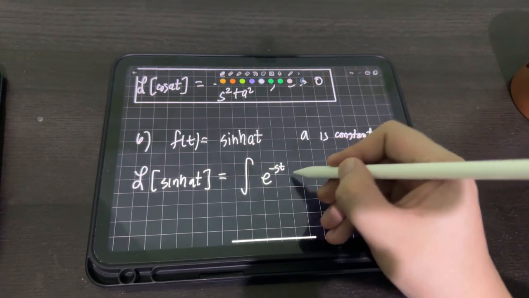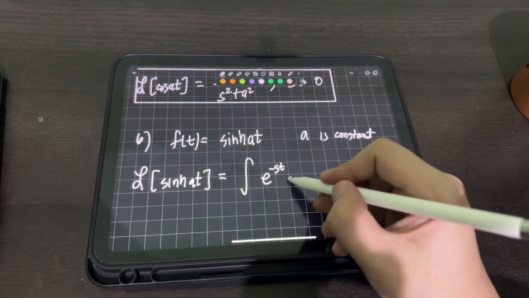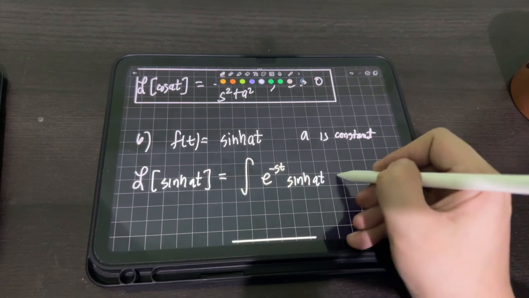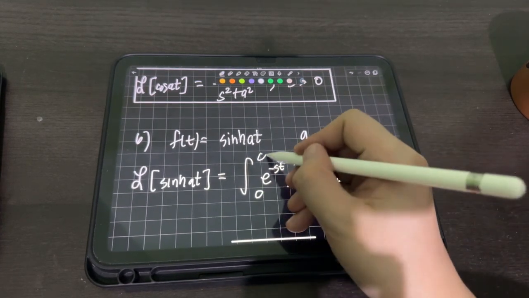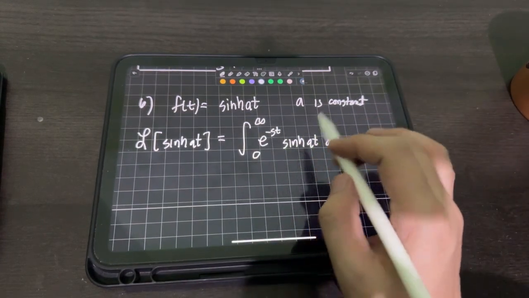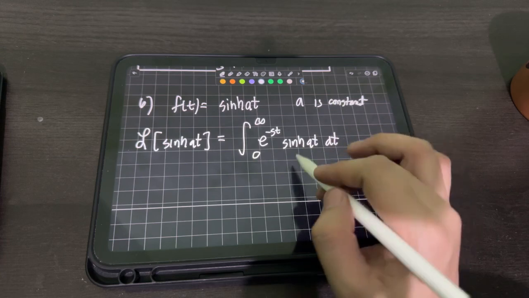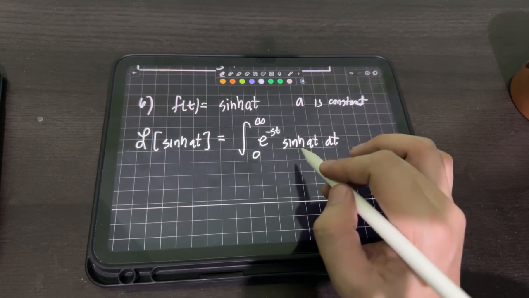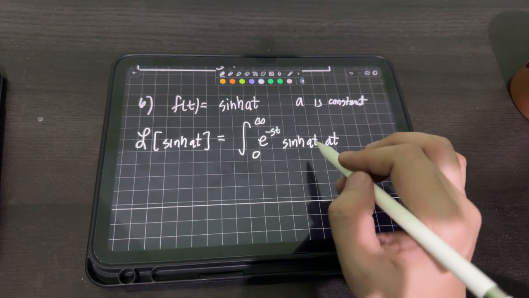of e to the negative st times f of t, which is sinh at dt from 0 to infinity. So to evaluate this integral, we can apply the definition of hyperbolic sine at using Euler's number.